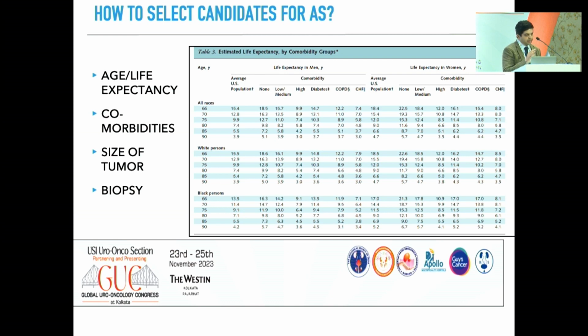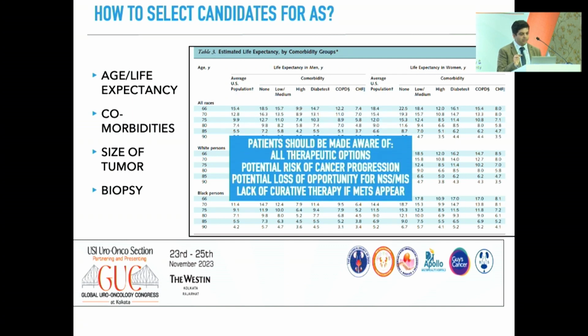I took this from one of the studies that I was reading about active surveillance: estimated life expectancy by comorbidity group. For example, if a person is 70, this is the US data, if he has no comorbidities at 70, he has around 16 more years of life left. With every increasing comorbidity or severity of comorbidity, that is going to worsen. So these are factors that should be considered.